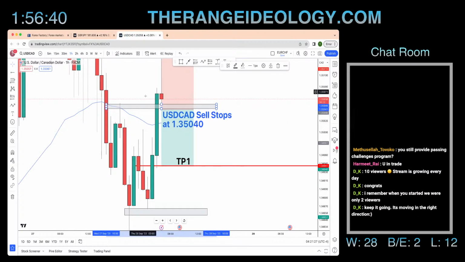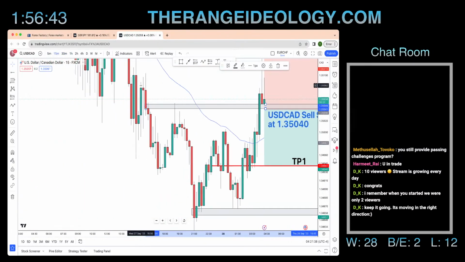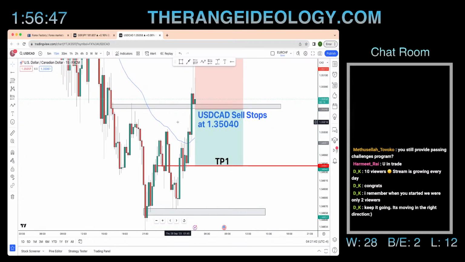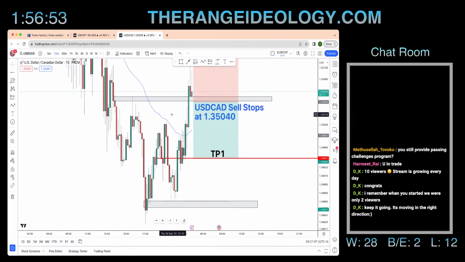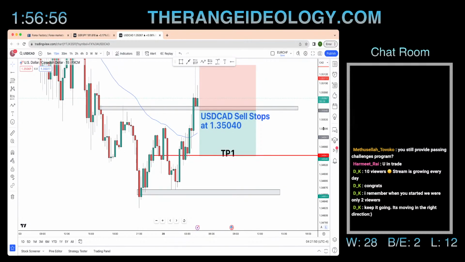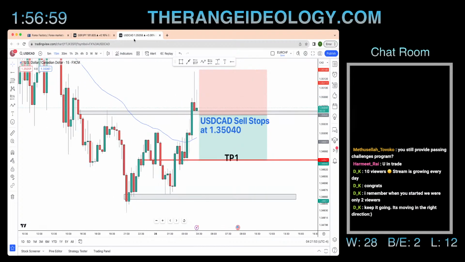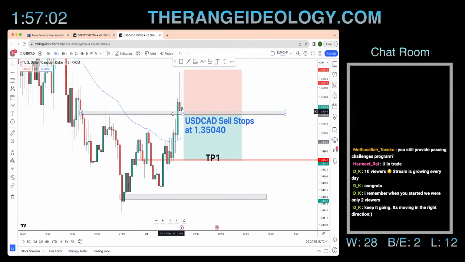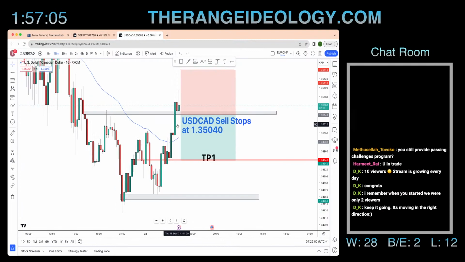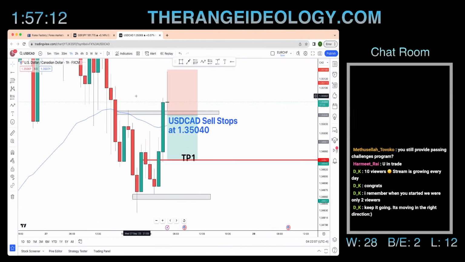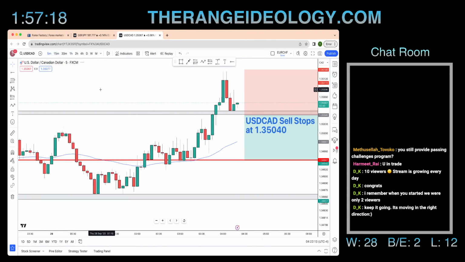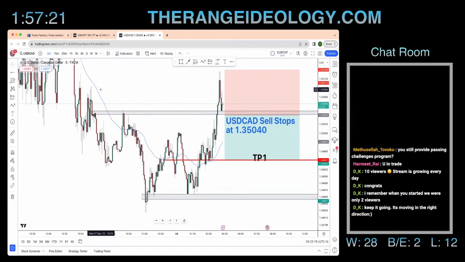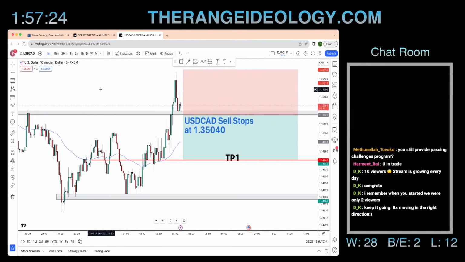However, let's focus on the USD CAD setup here. Waiting to be tapped on USD CAD. All right, it's coming. All right, nearly there, about to be tapped.